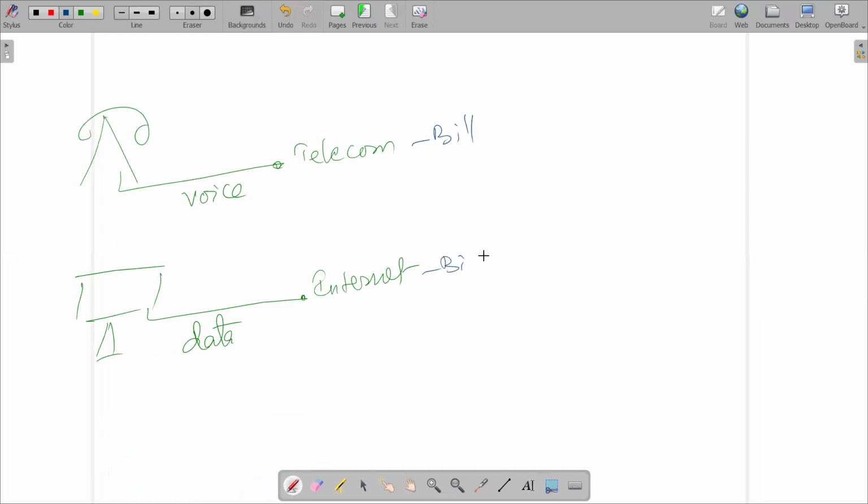After 2000, say around 2002, 3, 4, the internet was available everywhere.